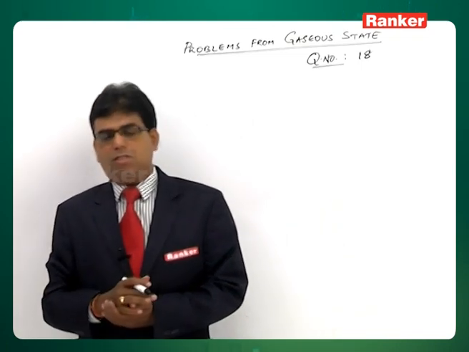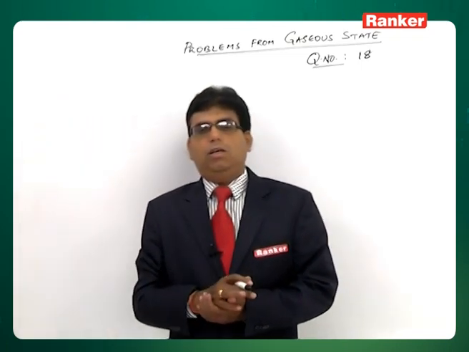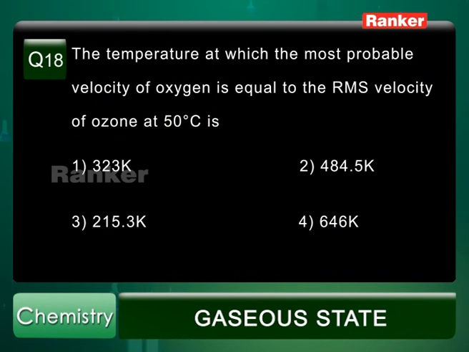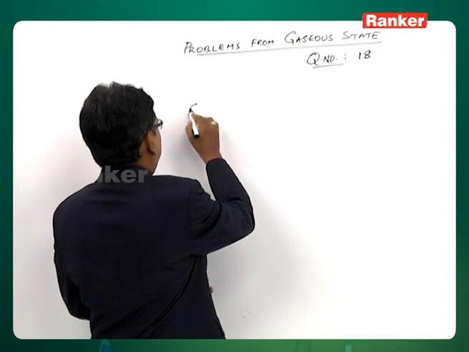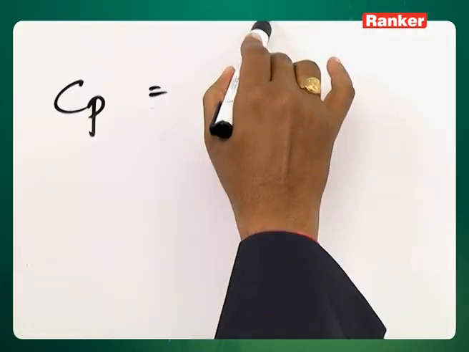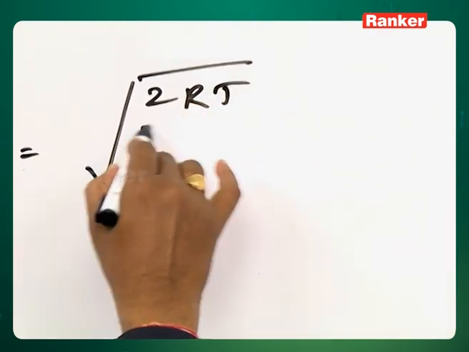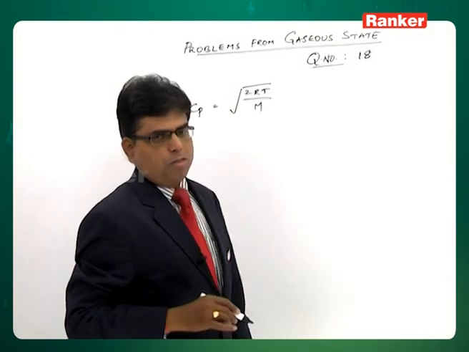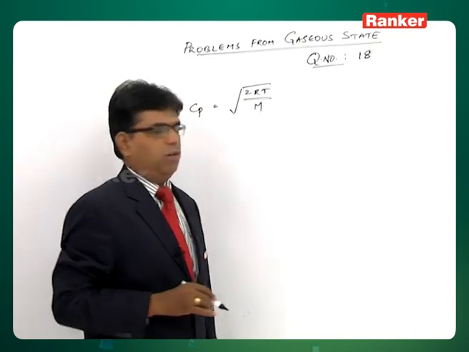Now, this 18th question is related to the RMS velocity of gases. The temperature at which the most probable velocity of oxygen is equal to RMS velocity of ozone at 50 degrees Celsius. The question is temperature at which most probable velocity Cp is equal to under root 2RT by m, most probable velocity of oxygen.